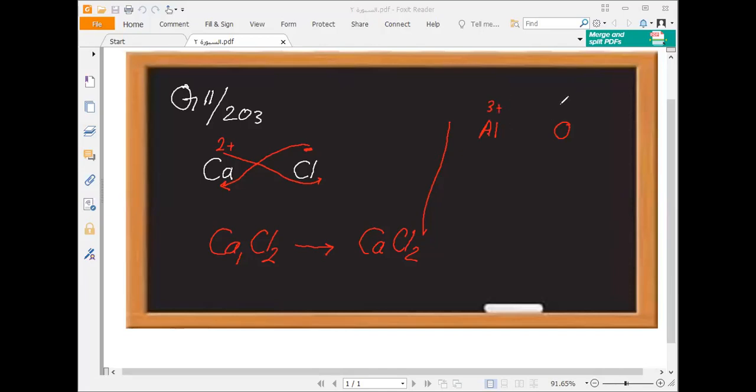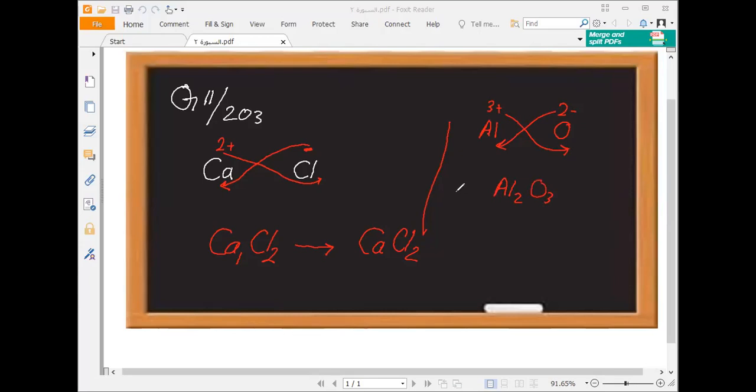Oxygen is -2, right? Now the chemical formula, or the formula unit for the ionic compound, will be Al2O3.